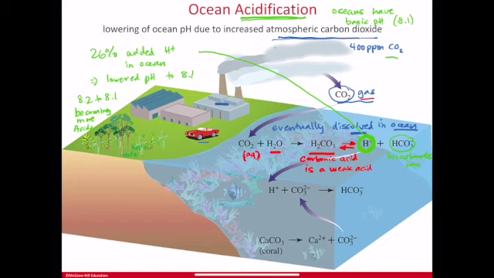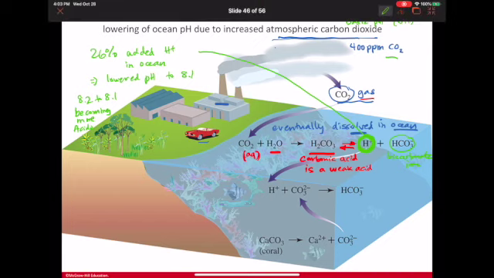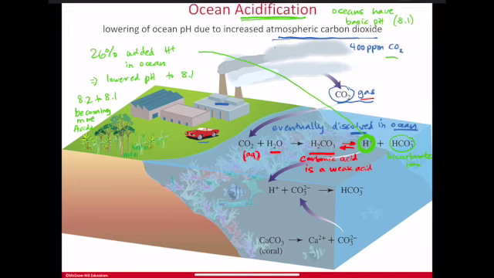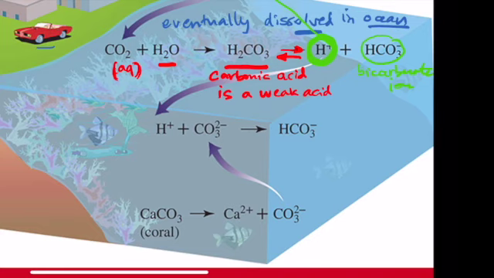So the real problem of ocean acidification is not that the ocean is turning to a different pH, but this is the bigger issue, is that all those extra hydrogen ions have to be taken up. And so this is coral reefs and shells of marine life that contain carbonate ion with calcium carbonate in them.